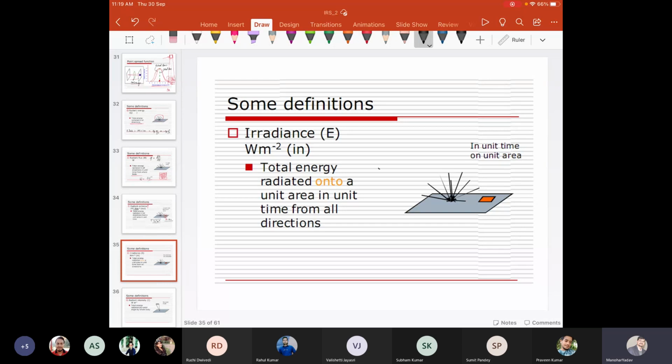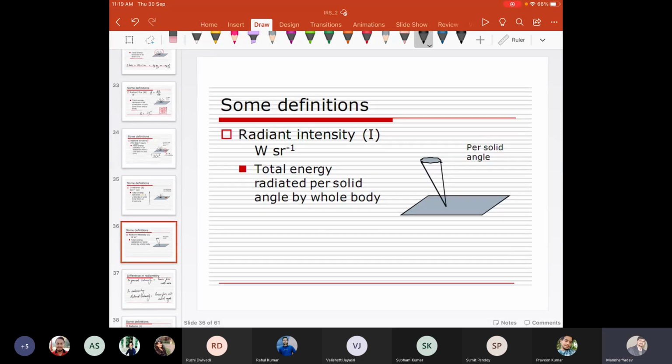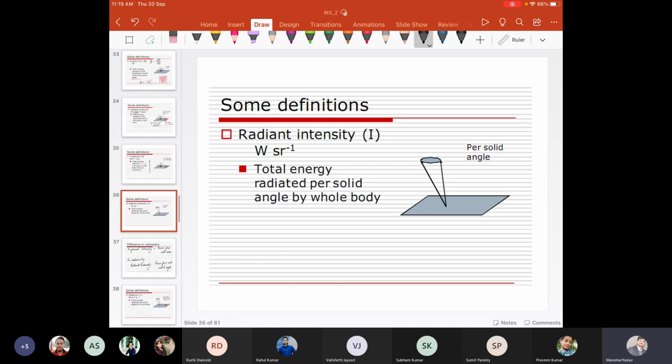Similarly, radiance and irradiance are different. Radiance means outgoing energy and irradiance means incoming energy on the surface. I hope you can read these definitions from the PPT. I'm not going to discuss them here.